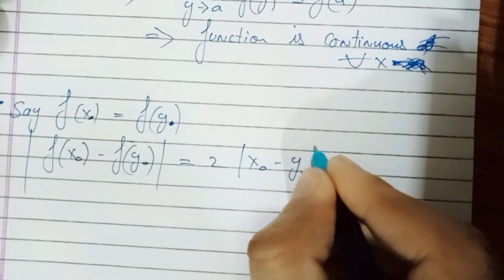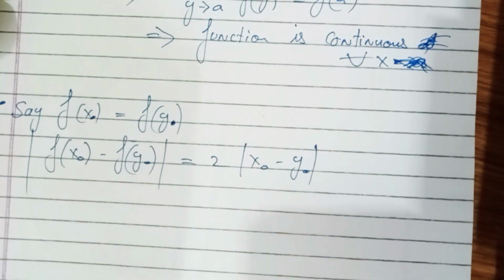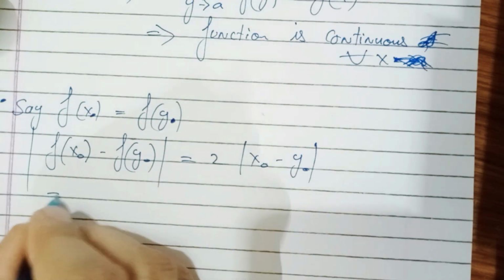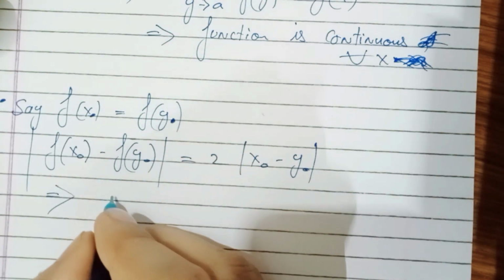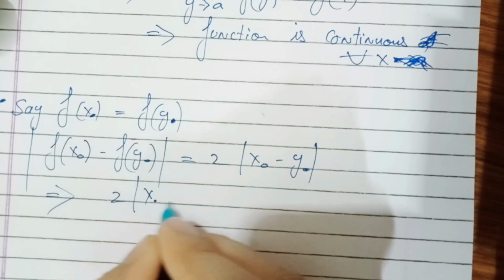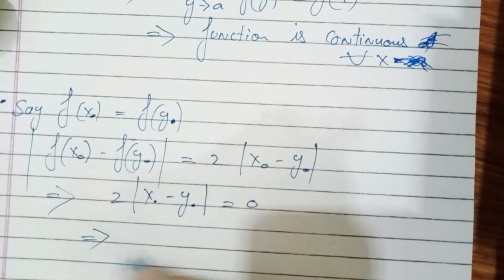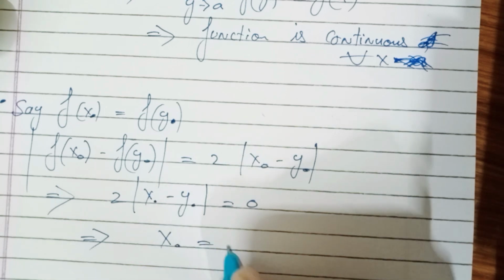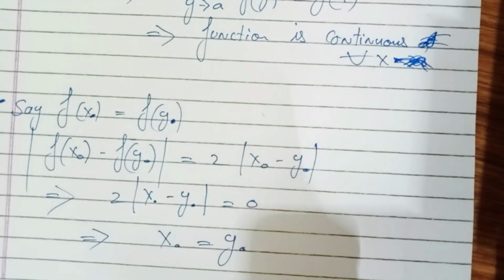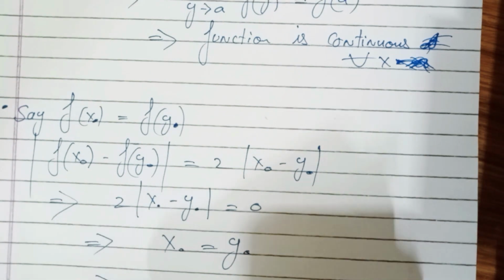Since these two values are equal, this is 0, then it will imply 2 times x naught minus y naught is 0, and this implies x naught is equal to y naught. So this would imply that my function is 1-1.